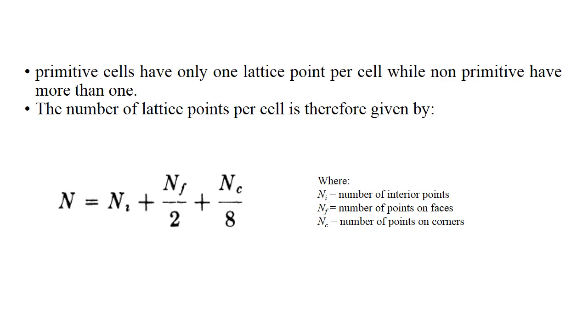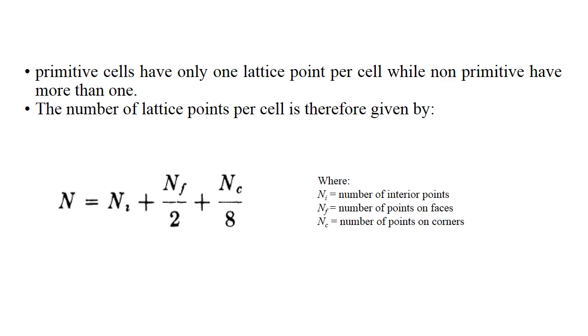A lattice point in the interior of a cell belongs to that cell, while one in a cell face is shared by two cells and one at a corner is shared by 8. Because in the body center a single cell is present, while at the corner actually one corner is shared between 8 different cubes.